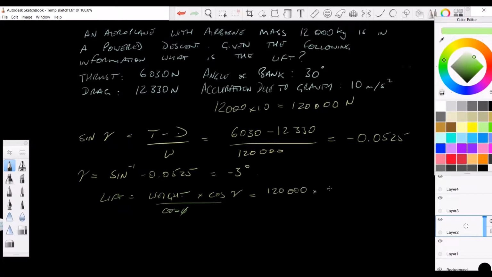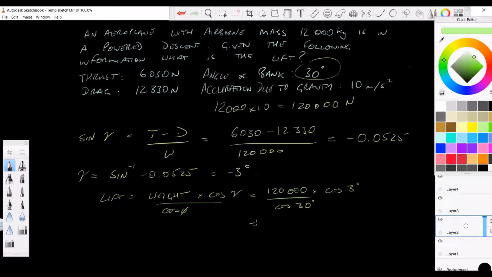And I'm going to multiply that by cosine of 3 degrees and divide it by cosine of 30 degrees, because obviously our angle of bank is 30 degrees there. So the answer to that is going to be 120,000 times cos 3 divided by cos 30.